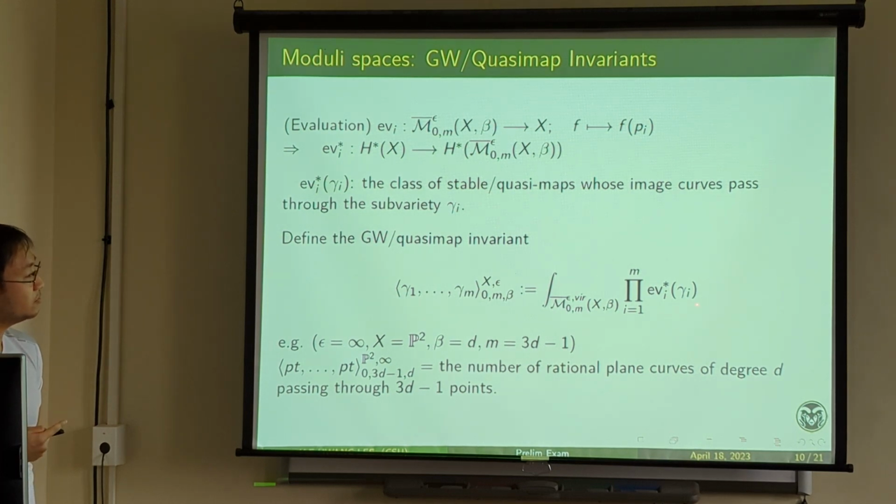The class of this product represents stable or quasimaps whose image passes through all the gamma_i's from 1 through n. And the integral basically counts the number of points in the intersection.